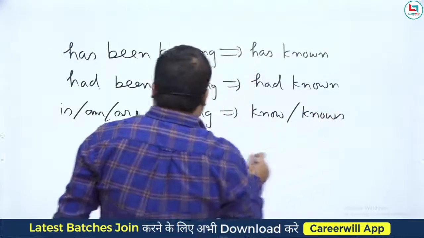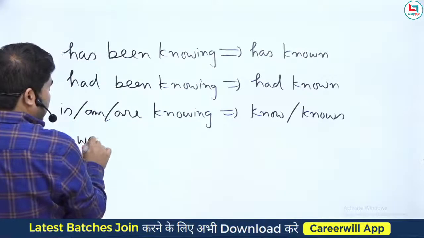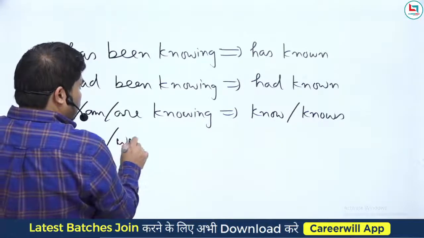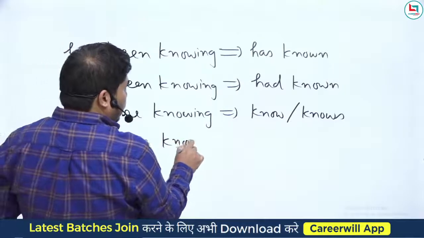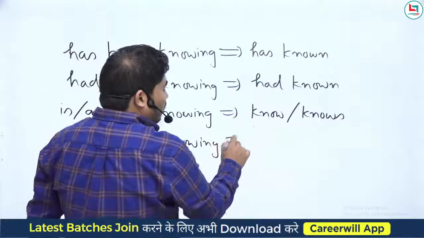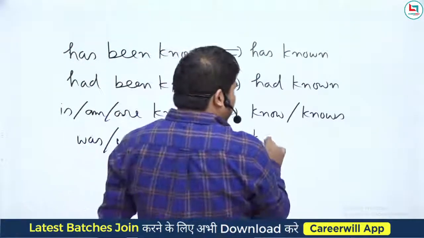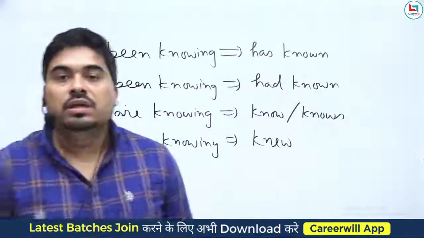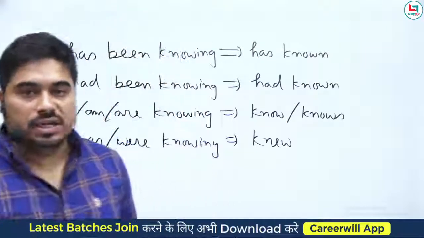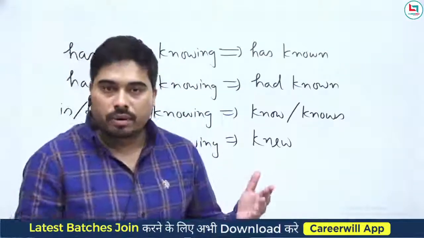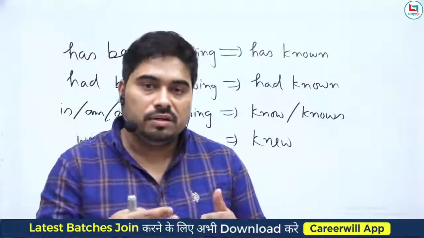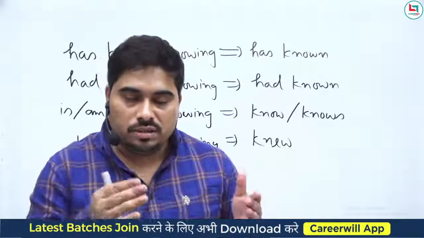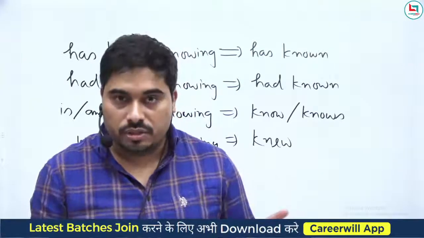And if it is past continuous, like was or were knowing, then it will be written in past indefinite, means what? Knew. And you do know, irrespective of the subject, you will always go with second form of the verb in the past indefinite. So this is something what you need to remember, because in these two variants, the continuous and perfect continuous, only in these two variants we use V1 plus ing, right?